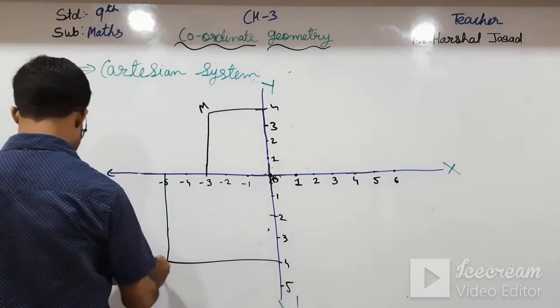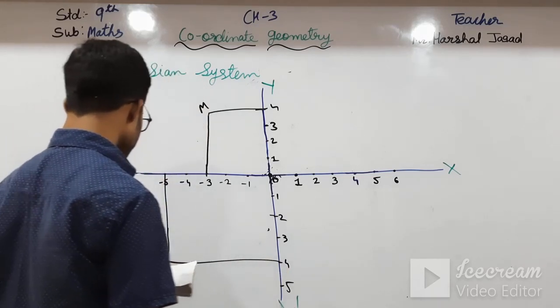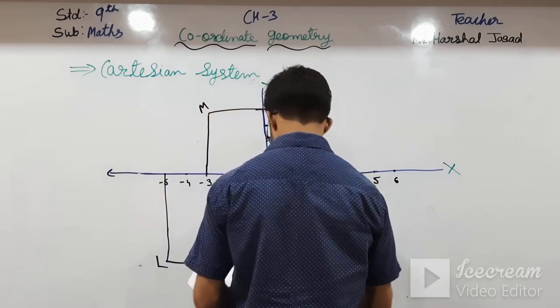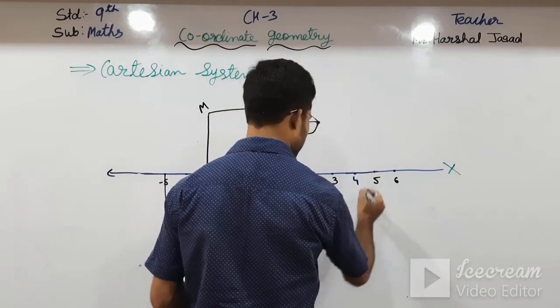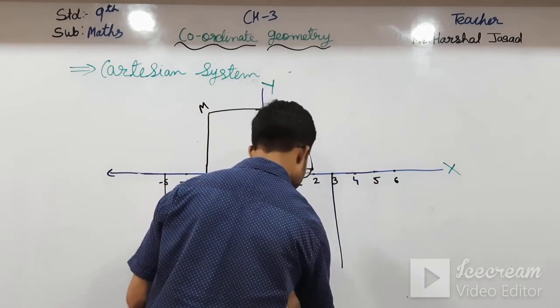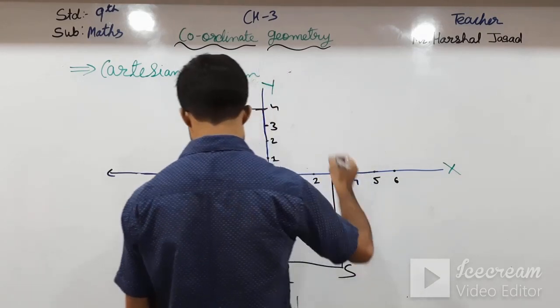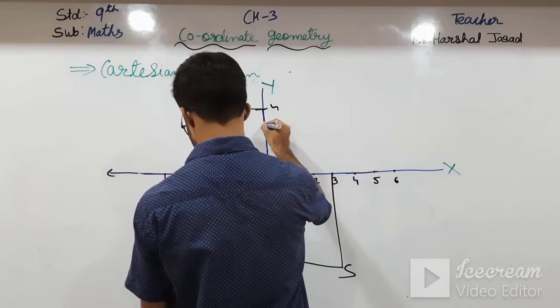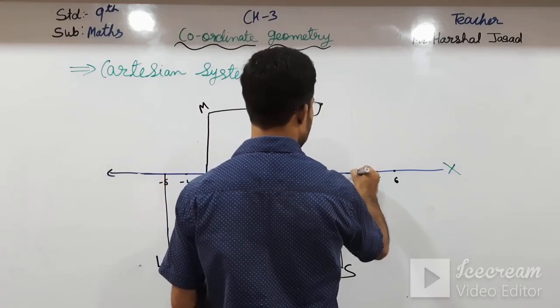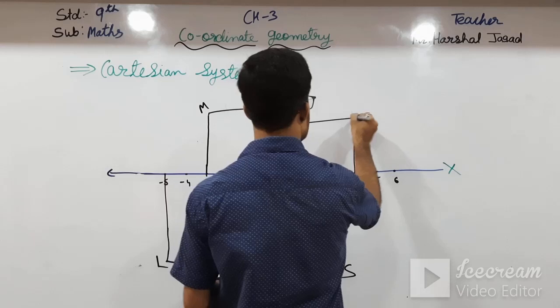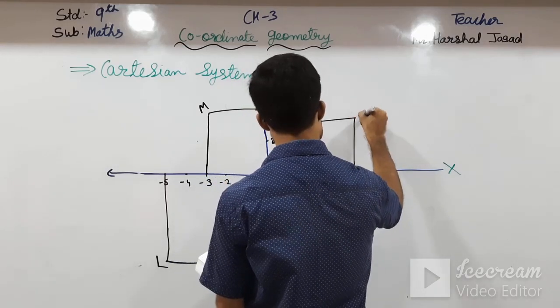Okay students, giving them L, and from here 4 going towards 3 and giving name, that is S, and at last here 3 and here 4, here it is connected, giving name B.